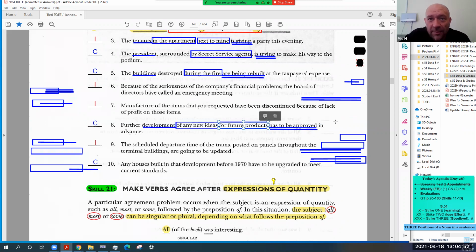Okay. Ali Al-Namer, do you want to explain number 10? Can you find a subject? Any houses built in that development. Where's the subject? Just the subject. What was your question, teacher? Can you find the subject in number 10?